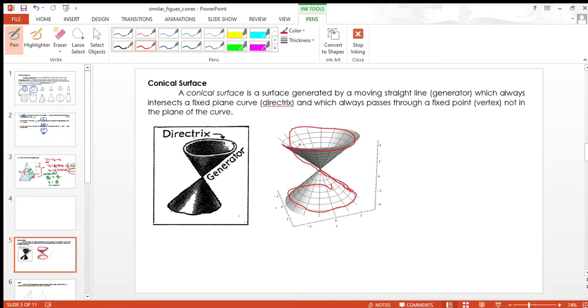The figure formed there will now be called your conical surface. So it's a surface generated by a moving straight line, right? This is the straight line. You're moving this, so this is the surface that will be formed. That's what we call the conical surface. It will also be the same as this surface here.